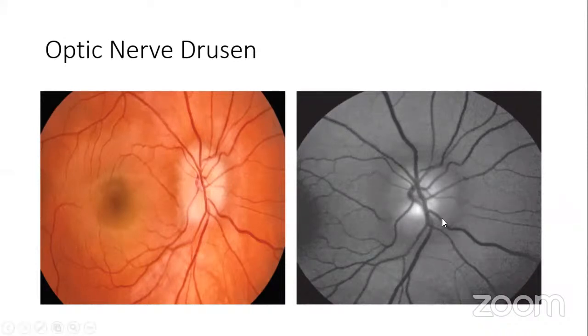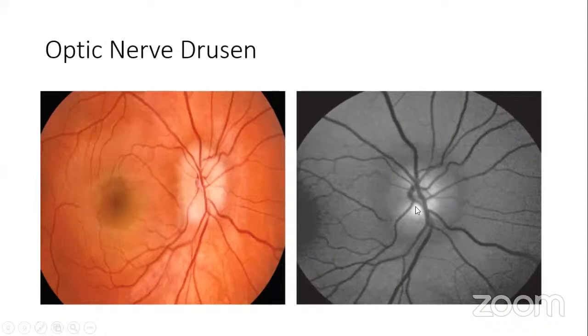Then this is the pre-injection FFA shot. So it's red free. Okay. So now you see hyperfluorescence around the disc, within the disc. It's the optic nerve head drusen. One of the ways to know is that the vessels are empty. Look at it. The vessels are empty.